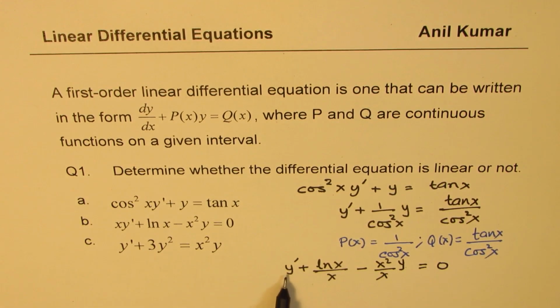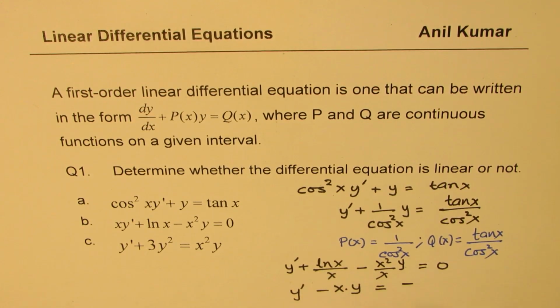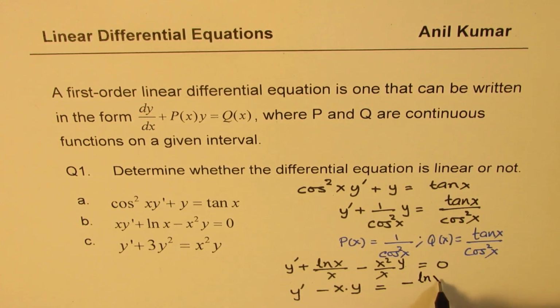So we want the terms here which have y dash and y. The other terms should move to the right side. So we could rewrite this as y dash minus x times y equals, so this plus goes to this side, becomes negative, so it becomes negative ln x over x. Do you see that part?